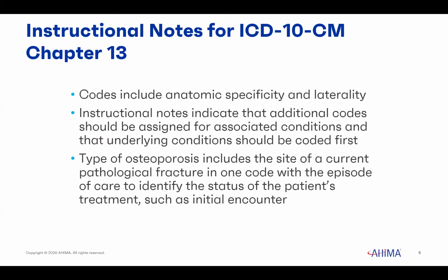This is another reason why you have to validate everything in the tabular. An example they give here is certain osteoporosis codes include fracture details and the patient's phase of care. So we'll get into that in a little bit. What an initial encounter is, what the follow-up is, what the sequela is, and so on.